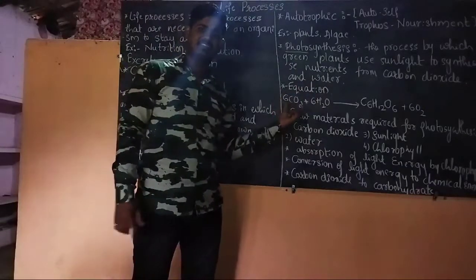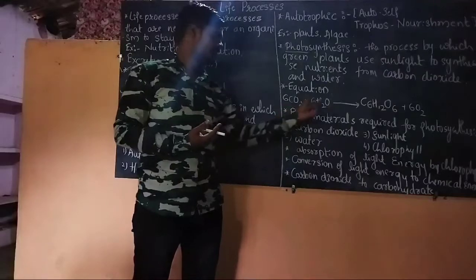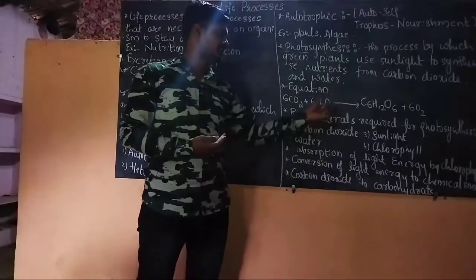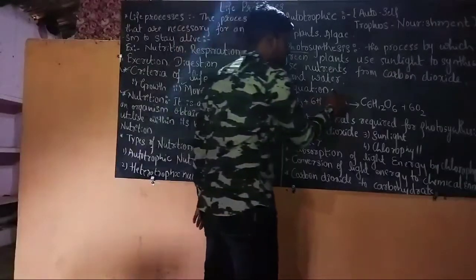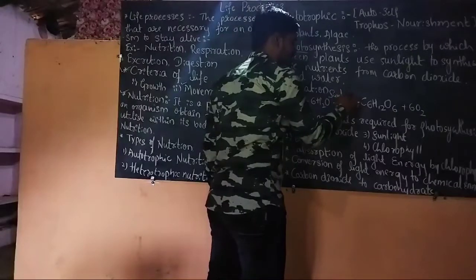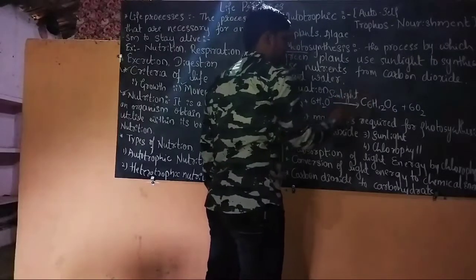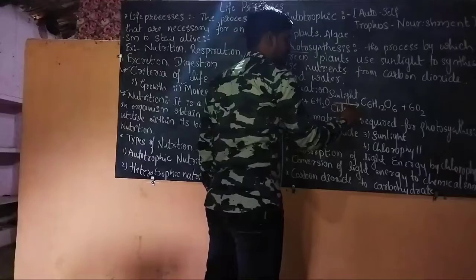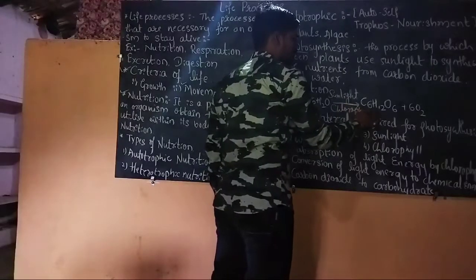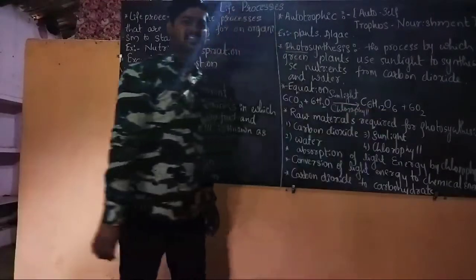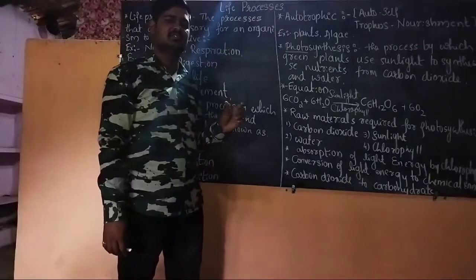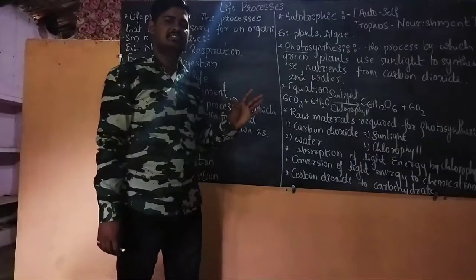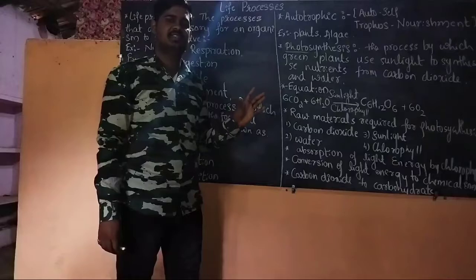Carbon dioxide is essential for photosynthesis. Water is also essential. It takes place in the presence of sunlight and in the chlorophyll of the plant that is present in the leaf. That green colored pigment is known as chlorophyll. It is the food factory of the plant.